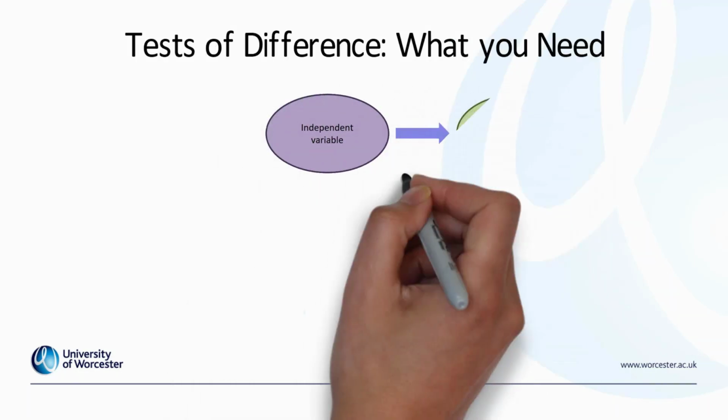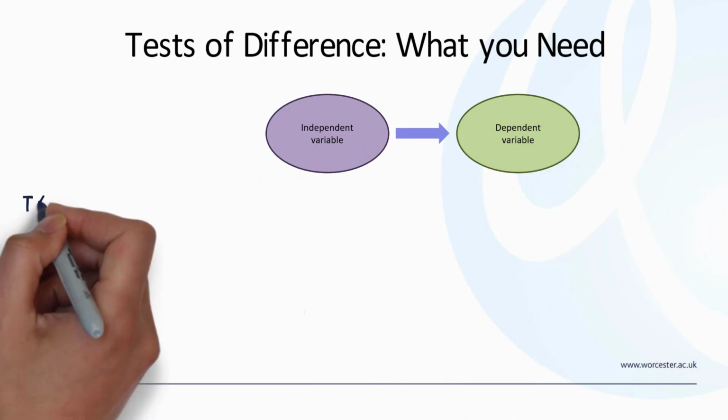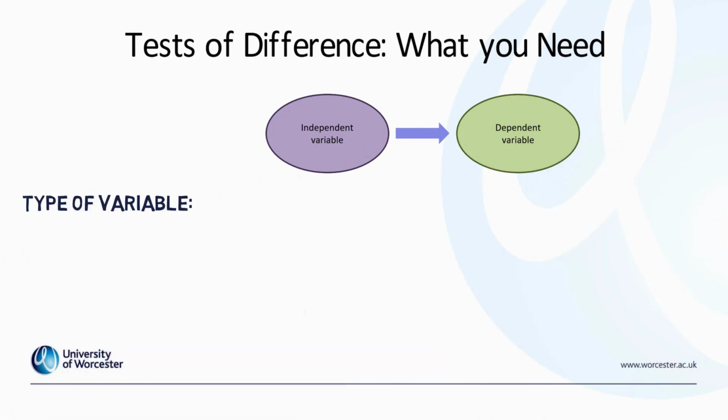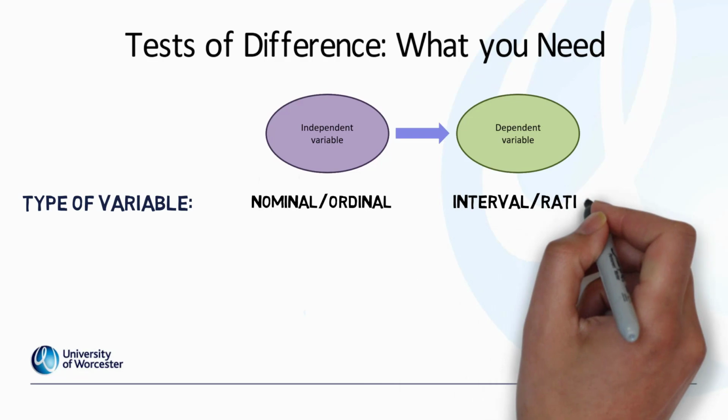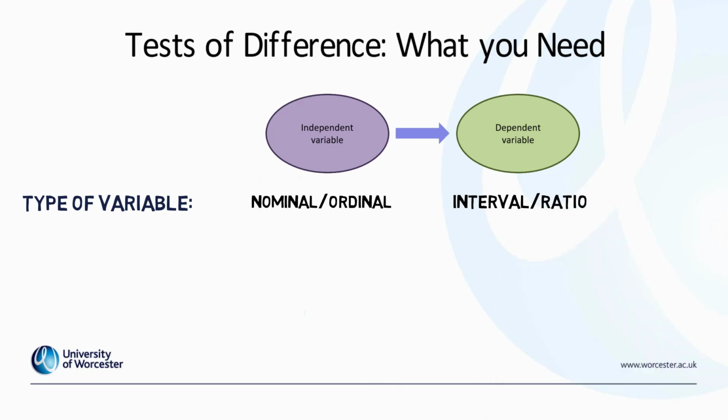When it comes to test of difference, what you need is normally an independent variable which is either nominal or ordinal, and a dependent variable which is an interval or ratio scale.